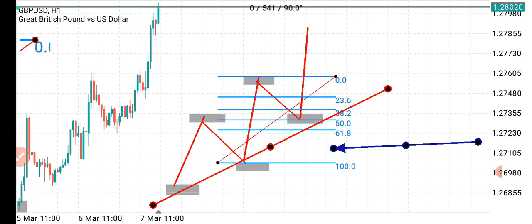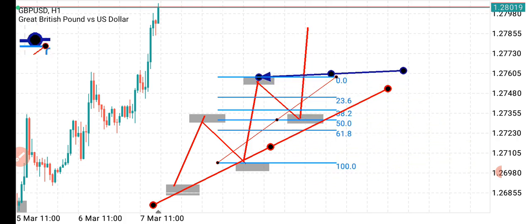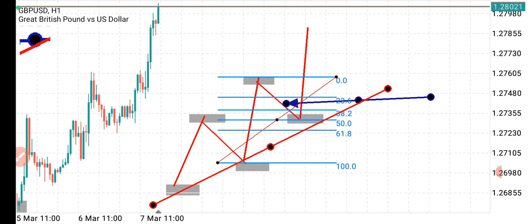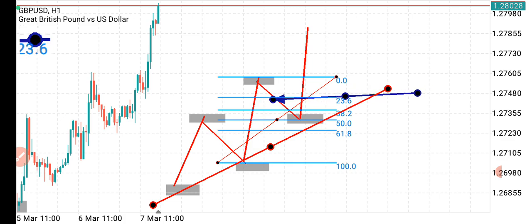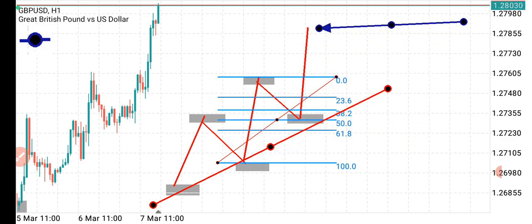You will flip point C to D, and once price begins to return and it reaches 23 level, if you have not exited from this point, please, it is important you begin to exit the trade, because it's a reversal. It will come back to any of this zone, then it will make an entry.